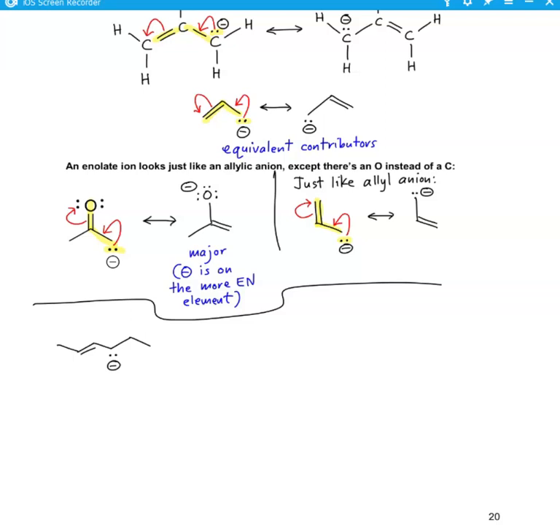Again, when you're looking to assess resonance, first of all, can I draw resonance? I'm hoping that what you're picking up on is the features that you're looking for are typically going to be double and triple bonds and charges. So here we have a double bond, and it happens to be right next to a lone pair. In this case, there's a negative charge associated with it, but there doesn't necessarily have to be, as we'll see.